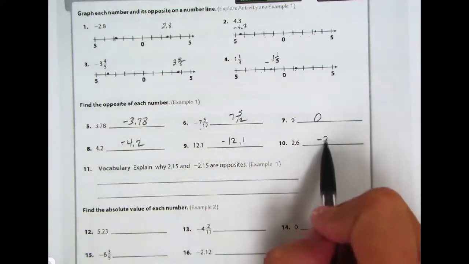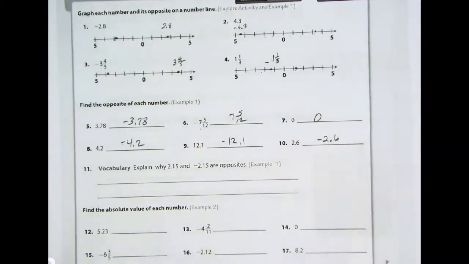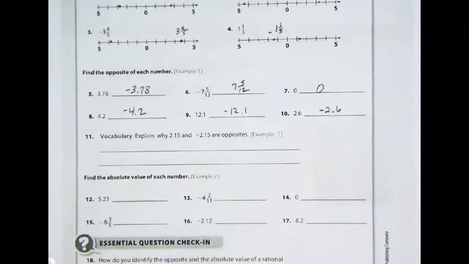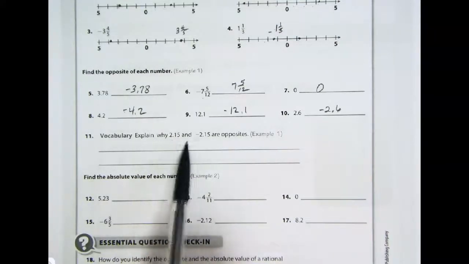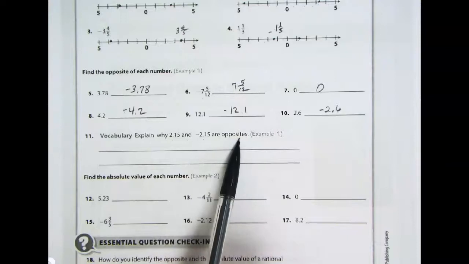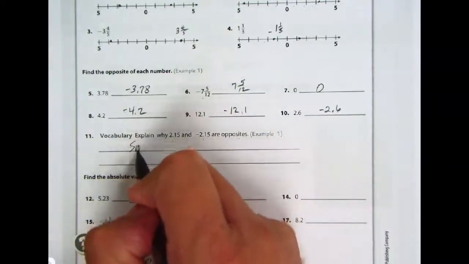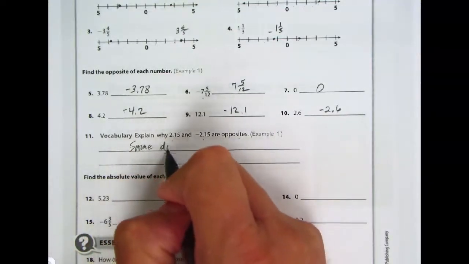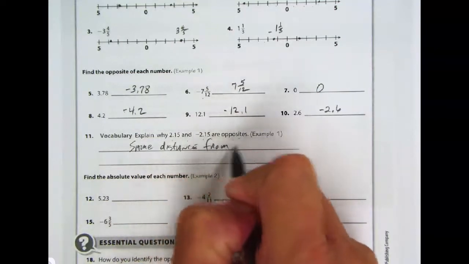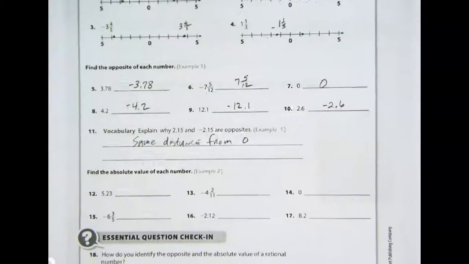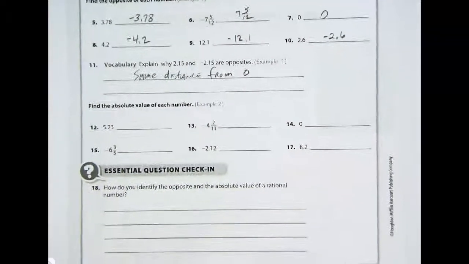And 2.6 would be a negative 2.6. All right. Explain why 2 1/15 and negative 2 1/15 are opposites. Same distance from 0 on a number line.